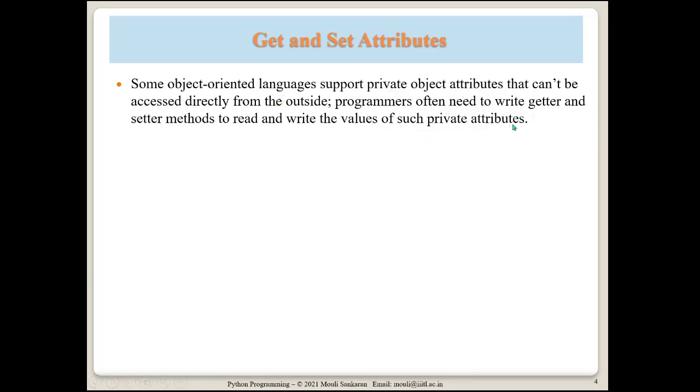Now programmers need to write the getter and setter methods specifically, and what happens is there is no uniformity in defining those setter and getter methods. Everyone will have a different way of naming them, and there are different attributes, and then how many methods you will have to access them.